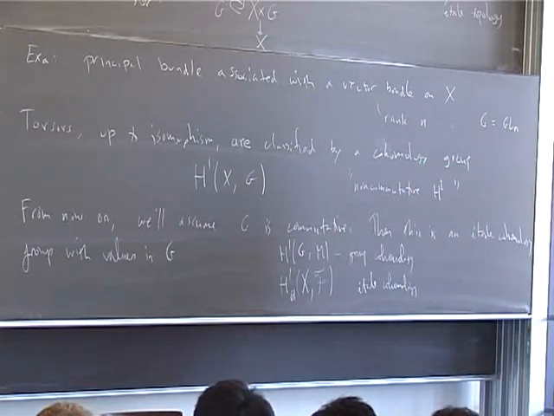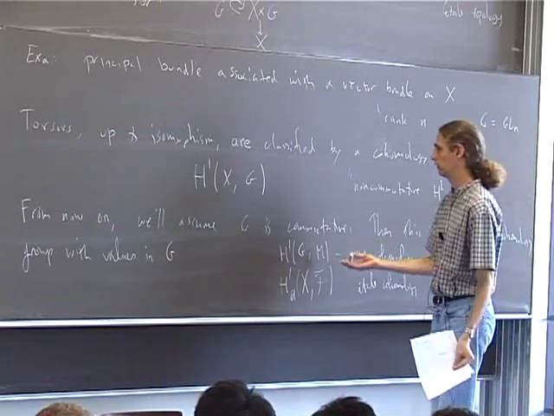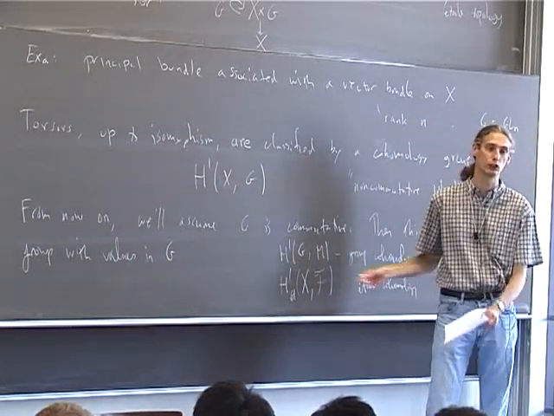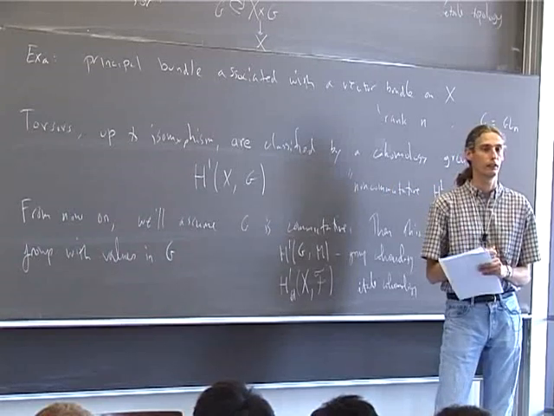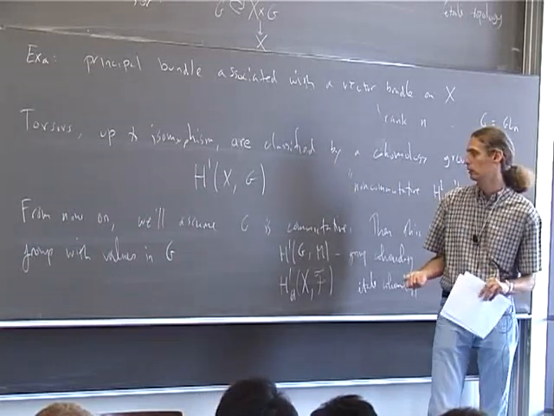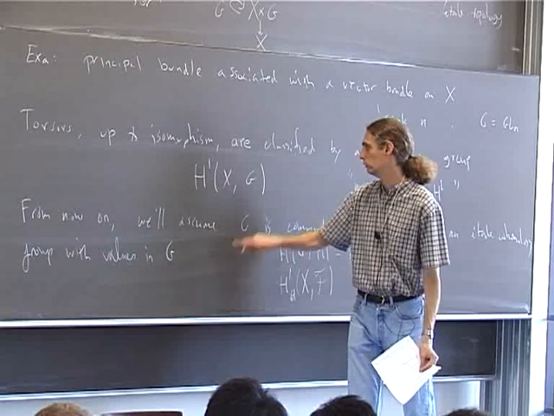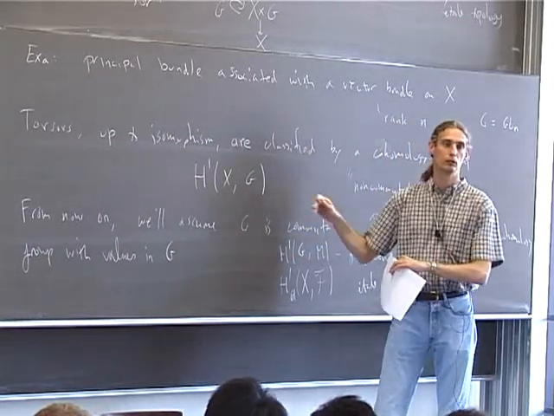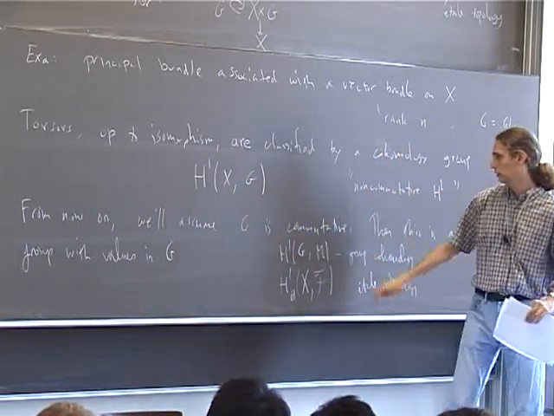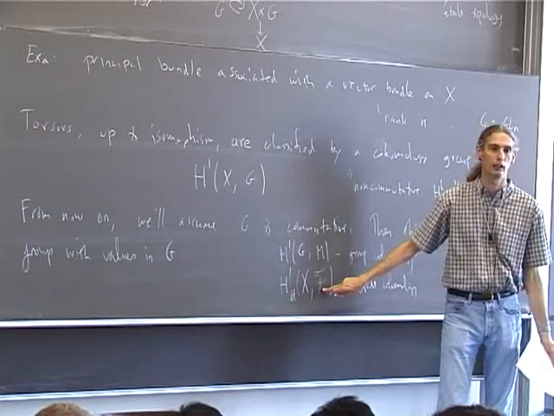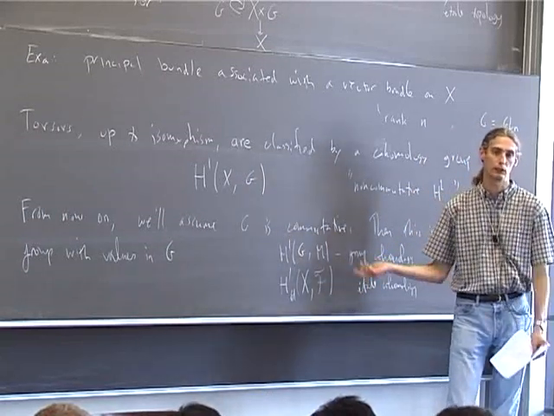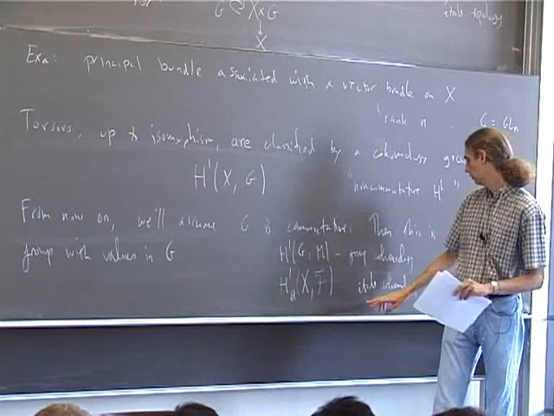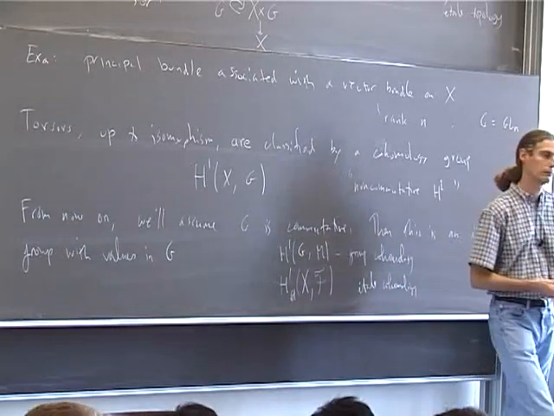The sections over some U are exactly the G-valued maps from U. So you have all maps from U to G, and you add them using the group law on G. But you can also put other kinds of sheaves here.